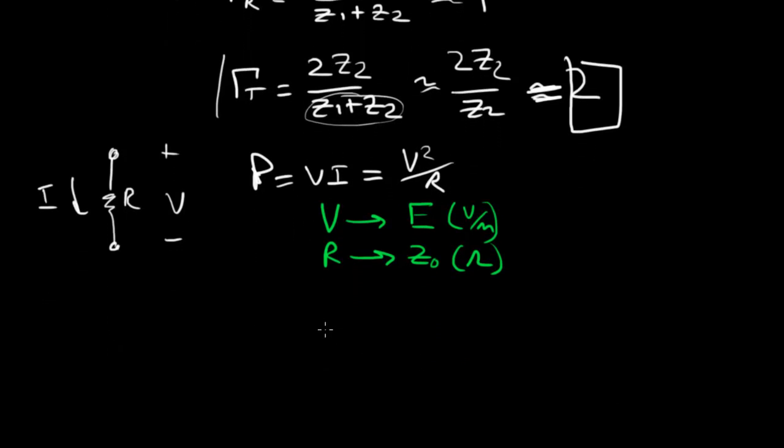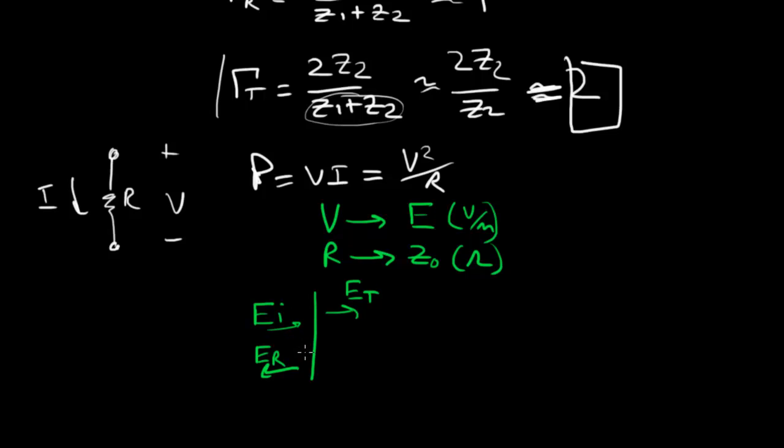So if we had a boundary, let's say that system from up above. So we had the incident wave, and we had over here the transmitted portion, and here we have the reflected portion.